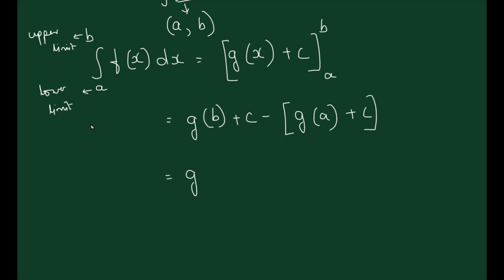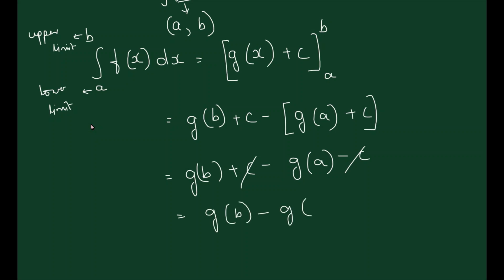And then we get g(b) + c minus g(a) minus c. So as a result, the constant term goes away, and thus we get g(b) minus g(a) as our answer. And this answer is a definite answer, so it has a unique value. So in this way we carry out definite integration.